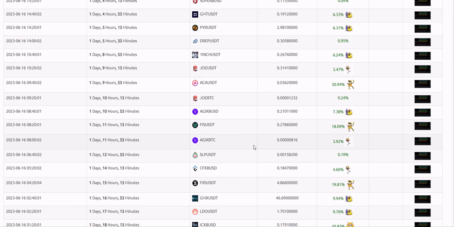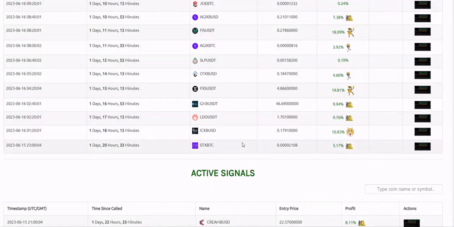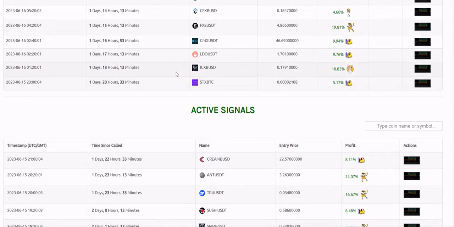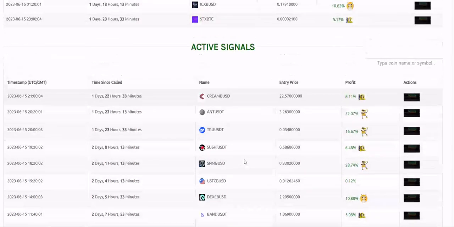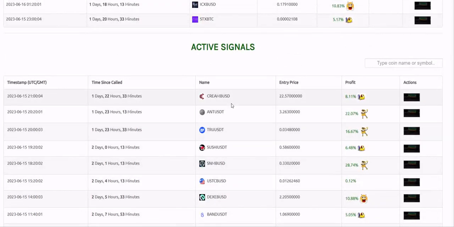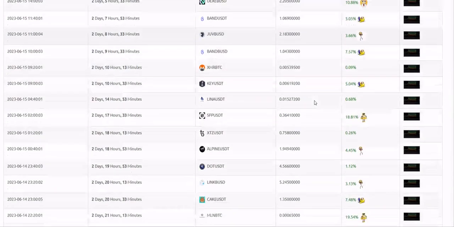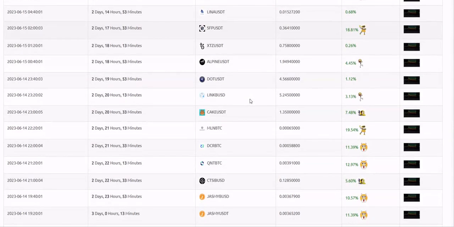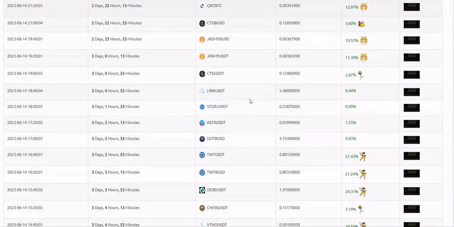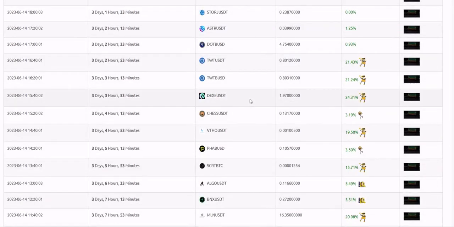So kind of splitting hairs there, but anyway. So good ones here, and all the rest look really good. Starting in the late 1 day area, 1 day, 22 hours, 23 hours. We're at 2 days here. These are all doing well. And that is pretty much an overview of the hot signals.